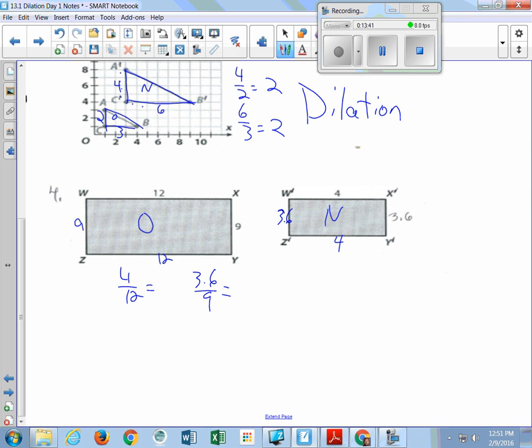So if I put 4 into 12, I get 1/3. 3.6 to 9 is 2 over 5. They are not equal, so not a dilation. Okay, so for it to be a dilation, your ratios must be equal. If one or more are not equal, it is not a dilation.